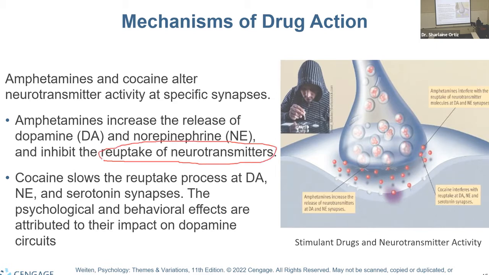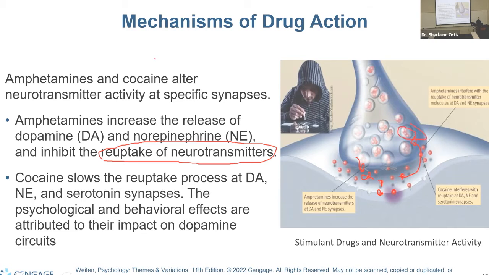So if you recall from previous sections, whenever we are releasing a neurotransmitter, it's going to fit perfectly into the next receptor. And then whatever we didn't use will go back to the little vesicle, and it's going to be recycled for yet another time. But what do amphetamine and cocaine do?